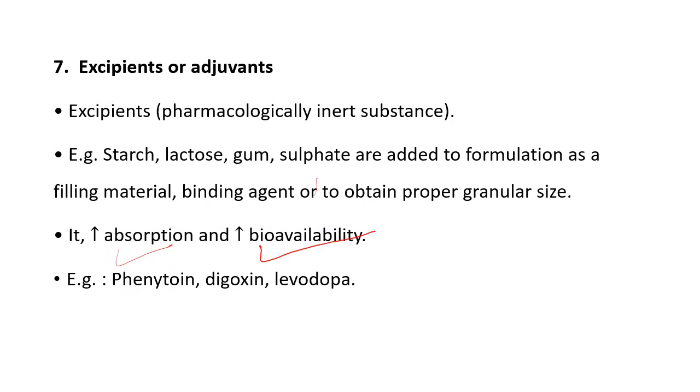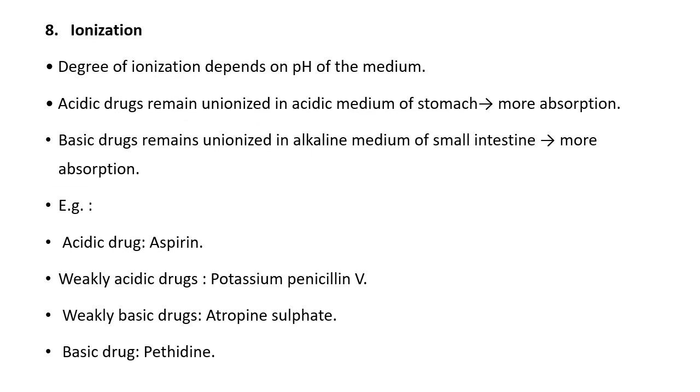Example is digoxin, levodopa, and phenytoin. So the next is ionization. Degree of ionization depends on pH of the medium. So strongly acidic and strongly basic drugs remain unionized at all pH. Example is aspirin, pethidine, etc.